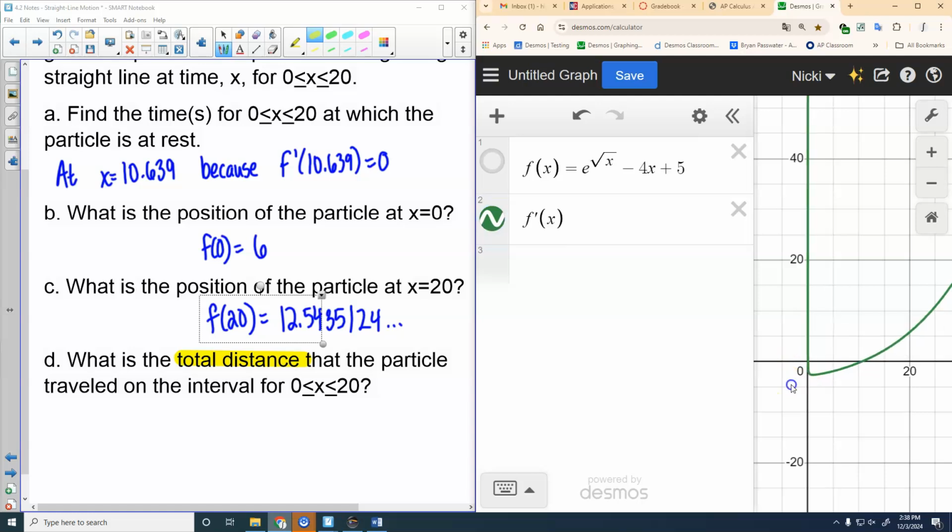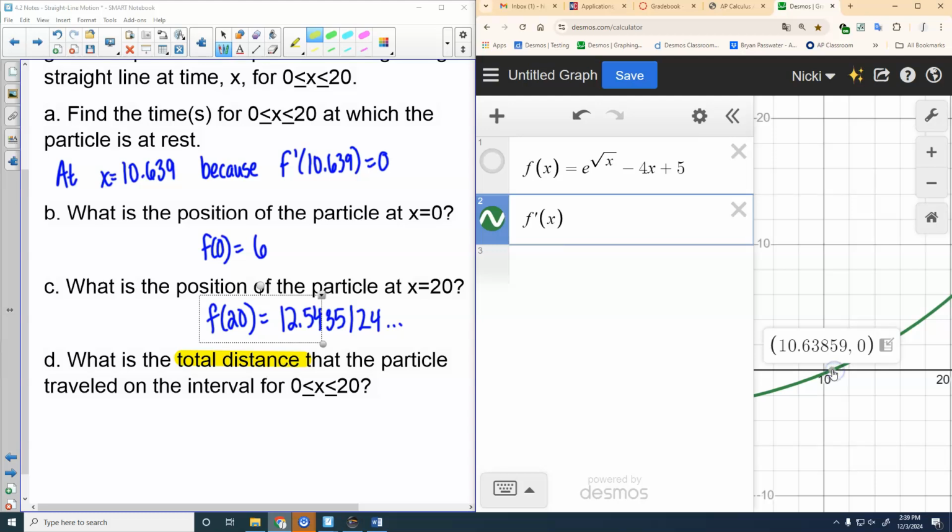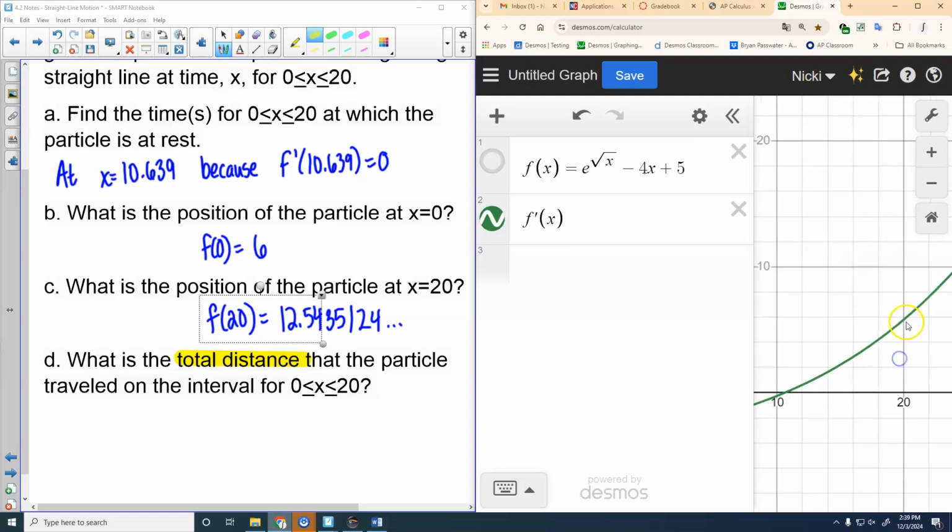This one's a little bit tricky because there is this little tiny piece right here. It's not going to make much difference. But you're going in the negative direction for this time period because your velocity is negative. That's like when you're walking to the wrong bathroom and back, right? And then you switch to the positive direction here and you walk for that amount of time.